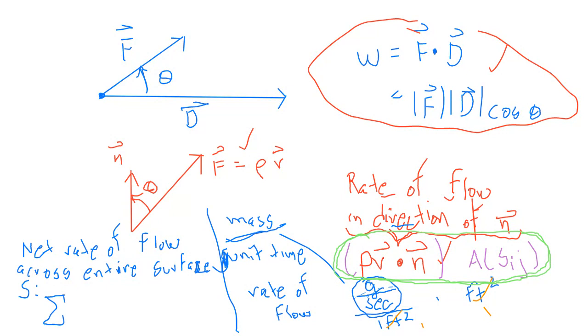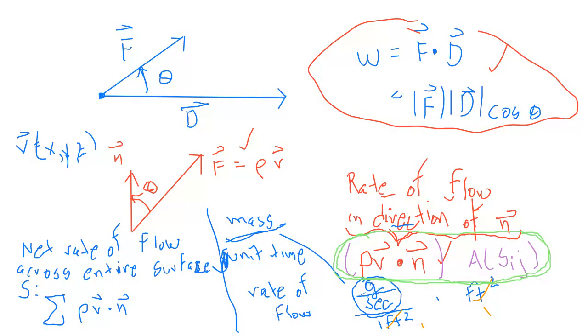Well, you'd have to sample points all along the surface, and at every point compute the dot product. Now the velocity is a function of x, y, and z, right?